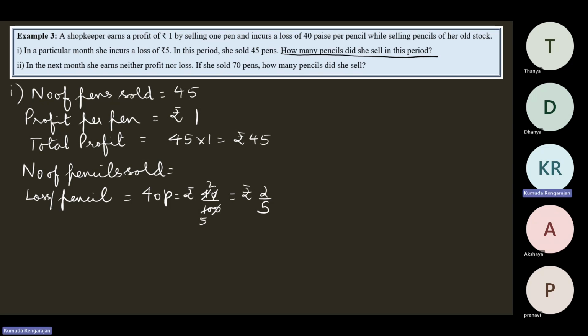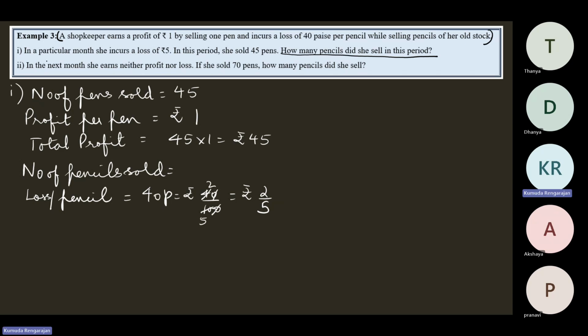Please read the question and tell me. See, this line has only information about the profit and loss on selling one pen, profit is ₹1, and on selling one pencil, loss is 40 paise. That is what is in the first sentence.